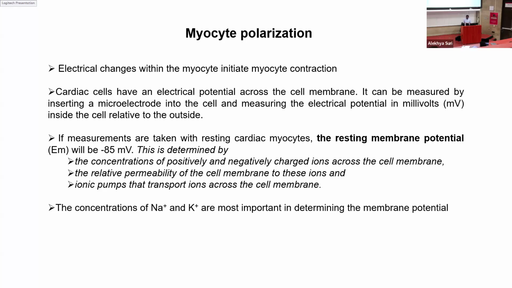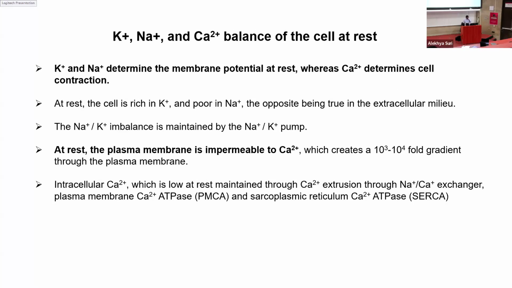Under normal conditions, mostly sodium and potassium are the major ions which determine the resting membrane potential. In resting conditions, you will see different levels of sodium ions and potassium ions in and out of the cells.